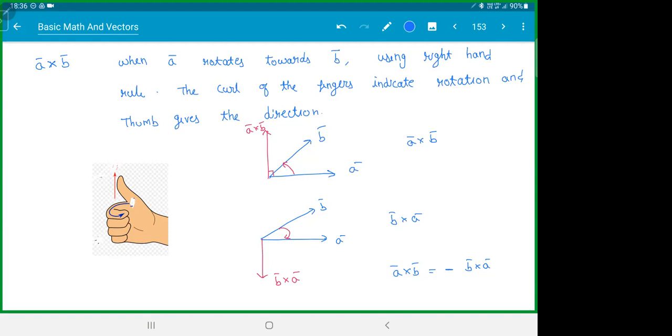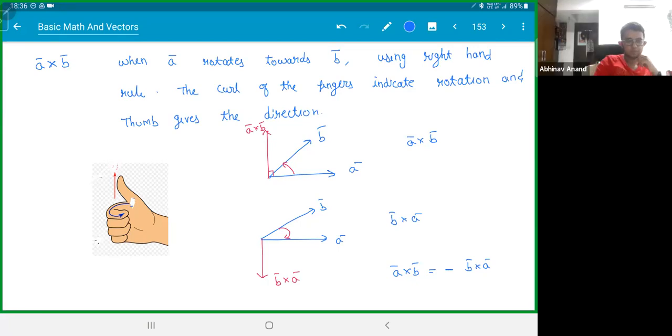Any doubts on this page? Clear, Abhinav, Adrit, Swastika? Maulika, clear? Ritu, Rehan?